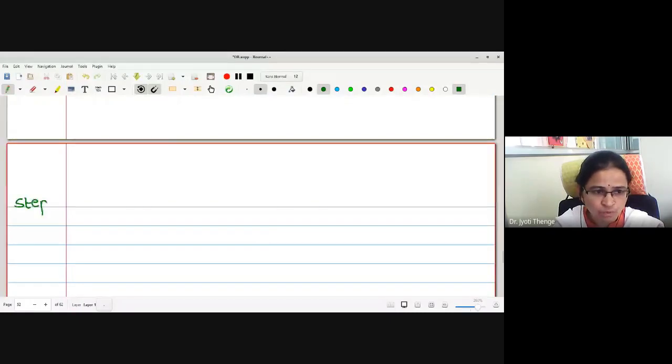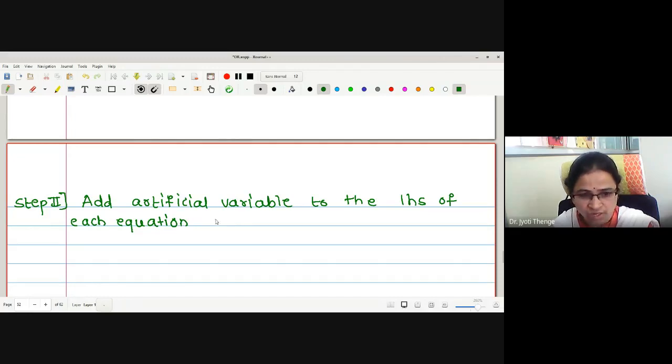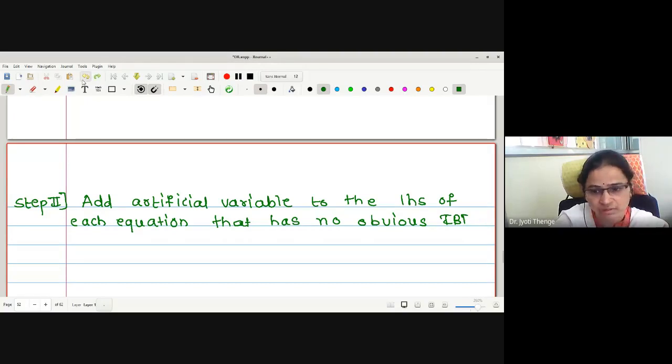In this step, we are going to introduce the artificial variable. Therefore, let us write: add artificial variable to the left hand side of each equation that has no obvious IBFS, or you should say slack variable, basic variables.